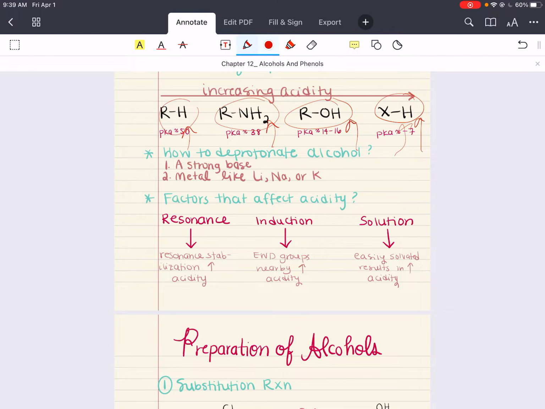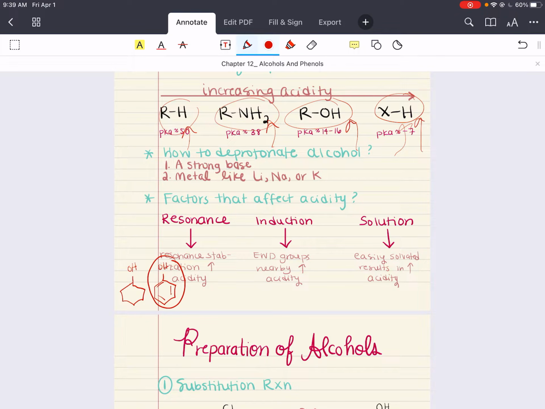Now, there are several factors that affect the acidity of alcohols when we're comparing them relatively. One thing is resonance. The presence of resonance can lower the overall pH of the alcohol, making it more acidic. And again, this essentially goes back to our ARIO rules, if you remember. If you have an alcohol like this, versus something that looks like this but has some resonance, which one would be more acidic?